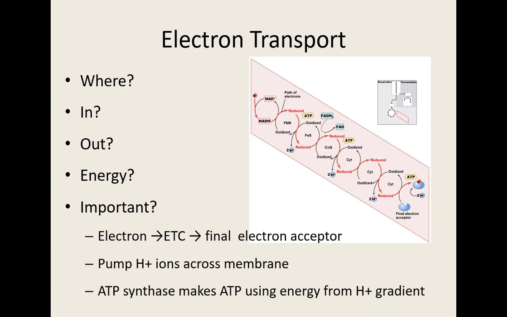And how many FADH2s have we made? Just the two. Just these two. So what goes in are our electron carriers, 10 NADHs, 2 FADH2s. What comes out is ATP, and I'm going to talk on the next little box how much.